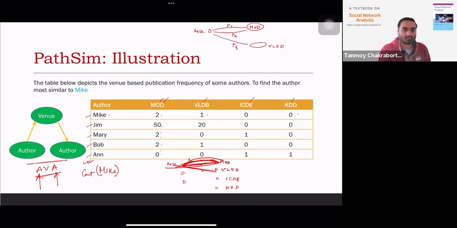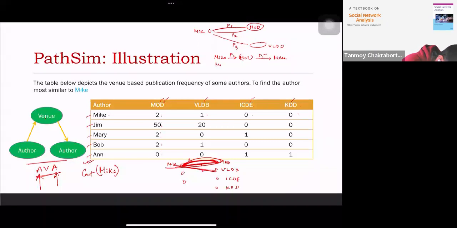Now let's look at the number of round trip metapaths of type AVA, the number of paths of type AVA which are round trip. So one is Mike, paper P1, Sigmod, P1 inverse, Mike. Basically, you go through this and you come back through this.